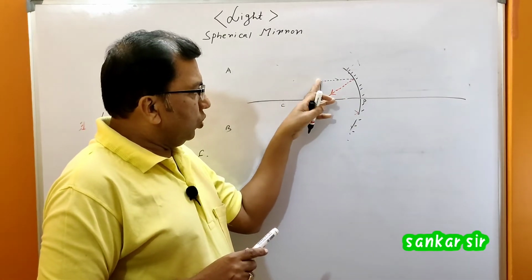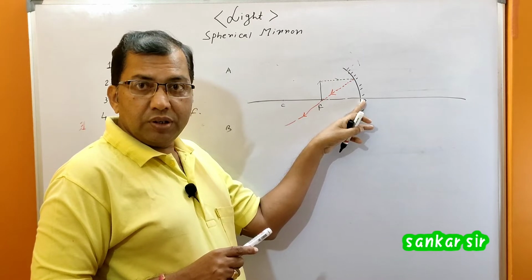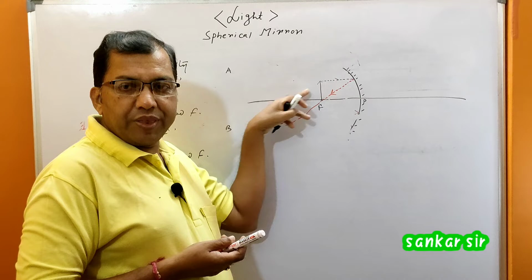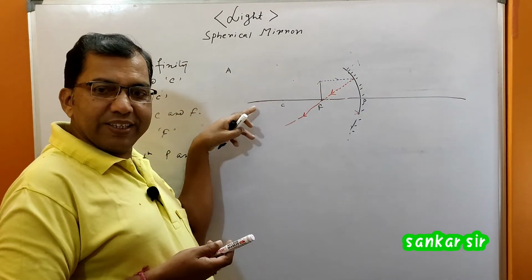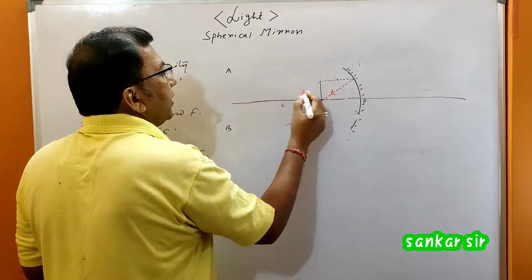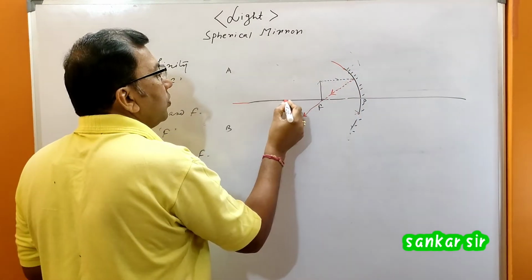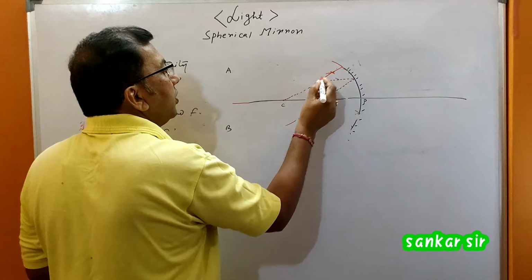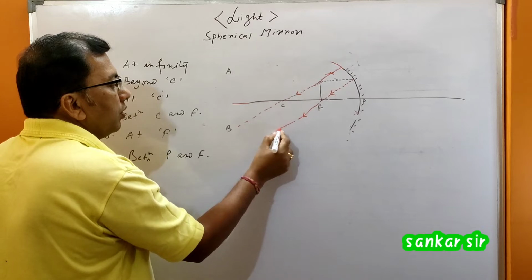And a ray which passes through the pole or which passes through the center of curvature, it will come back through the center of curvature. A ray of light passes the center of curvature, it will return back in this position.